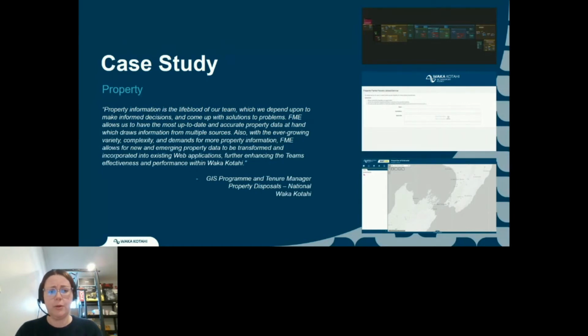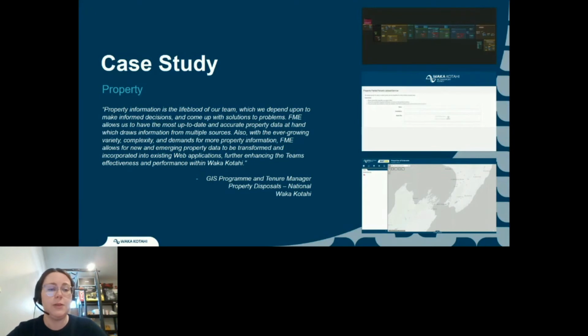Accurate and up-to-date property data is essential to managing and maintaining these assets. Processing over 35 million records, FME Server is used to integrate the SAP property portfolio with CoreLogic and LINZ data, which is then loaded into ArcGIS Enterprise hosted in Azure, where it is presented to decision makers and consultants.